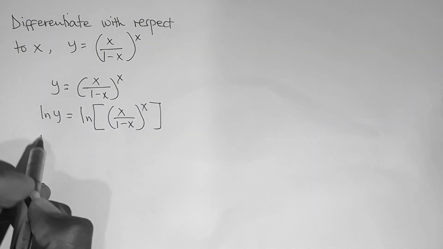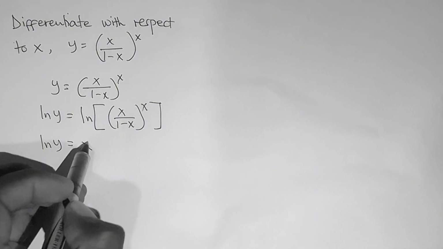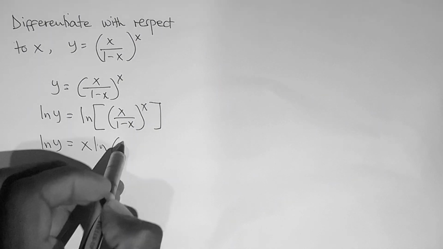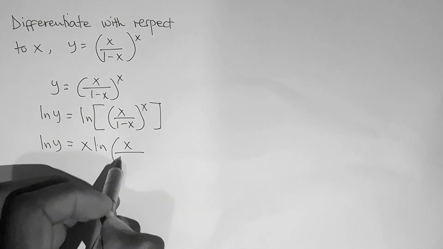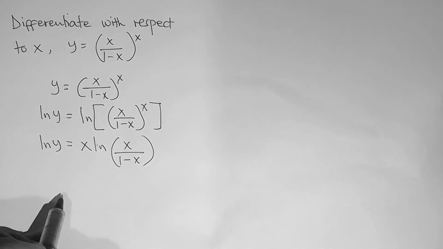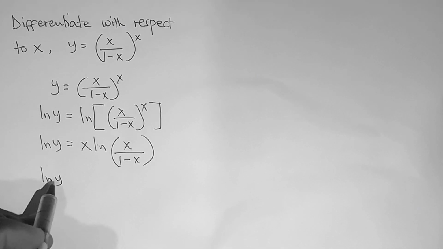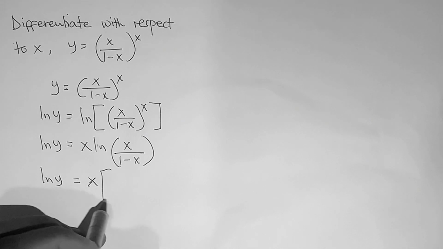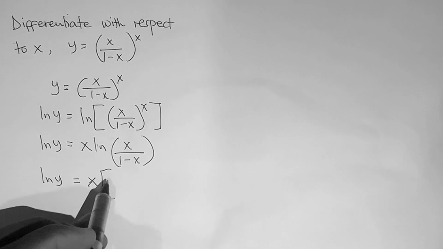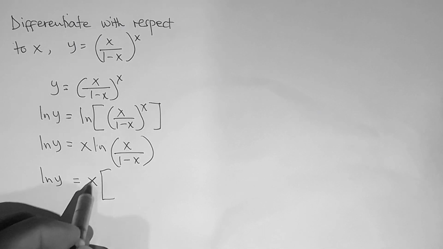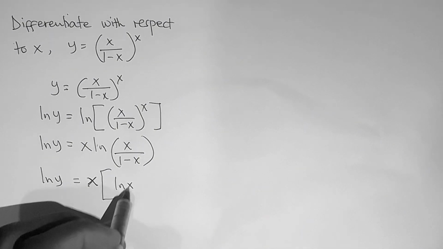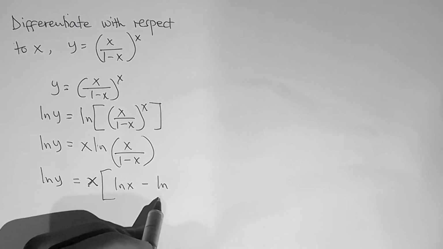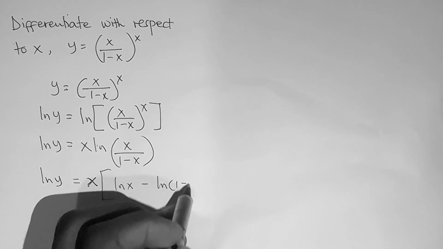So in the second step, ln y equals x ln of x over 1 minus x. Now let's apply the properties of logarithms in this case. So this becomes x then times, now since they are dividing, this becomes ln x minus ln of 1 minus x.